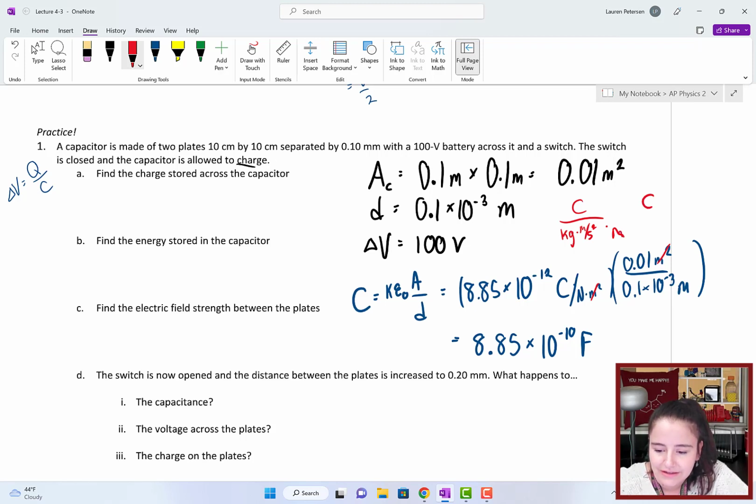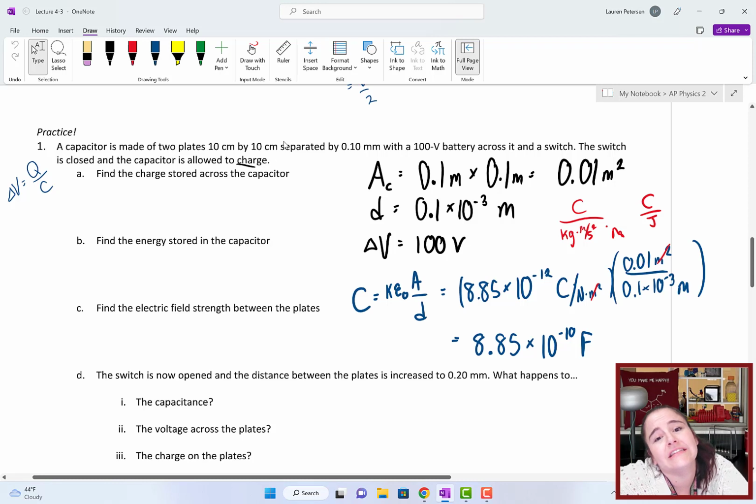So it is really coulombs per kilogram meter squared per second squared, aka joules. So joules. Yep. So C is for coulombs. I was thinking C for capacitance. I made that mistake. See, this is why it's dumb. Coulombs per joules. Okay. And we know that energy per charge, or volt, is what a farad is.